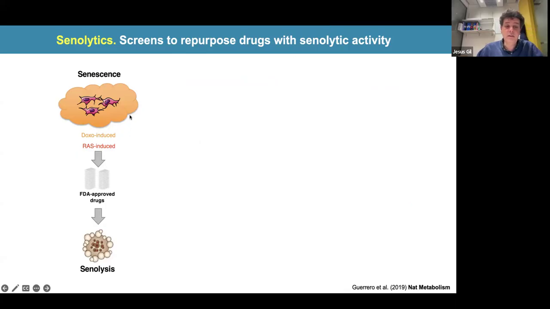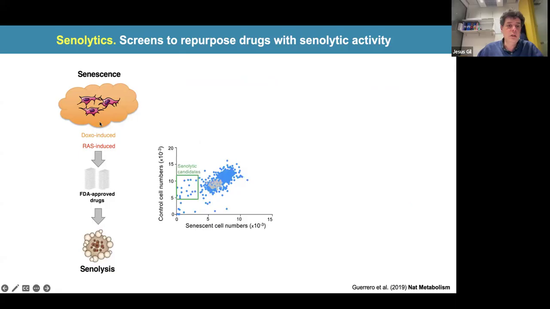The idea here is that we used two models of senescence, and we treated these senescent or non-senescent cells with FDA-approved drugs. This is the summary of, for example, what happened in oncogene-induced senescence. We have the viability of the senescent cells on this axis, and viability of the non-senescent cells on the other axis.